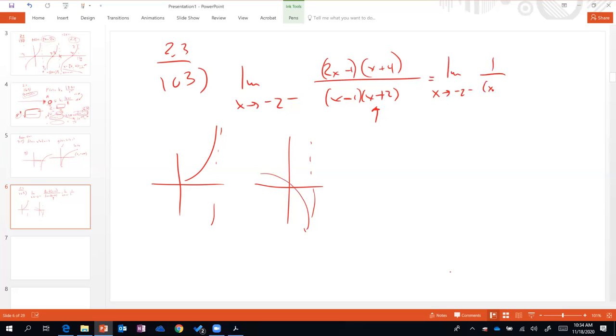You pull this piece out by itself, and then take the limit as x goes to -2 from the left. You could do the other pieces by plugging them in. That's essentially what they're saying, and then we determine whether it goes to positive infinity or negative infinity.